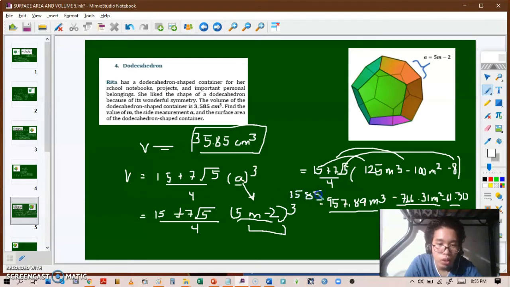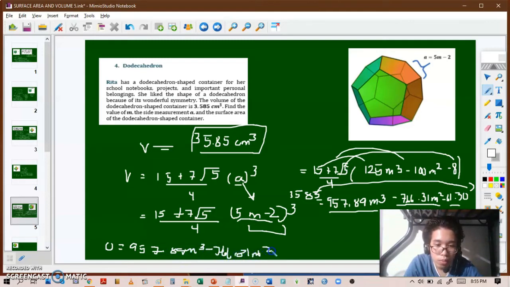And then to equate that to 0, we just simply transpose that to the other side. So we get that 0 is equal to 957.89m cubed minus 766.31m squared plus 61.30m minus 61.30, then minus 3,585, because we're going to have to transfer that to the other side, so that's negative 3,646.3.